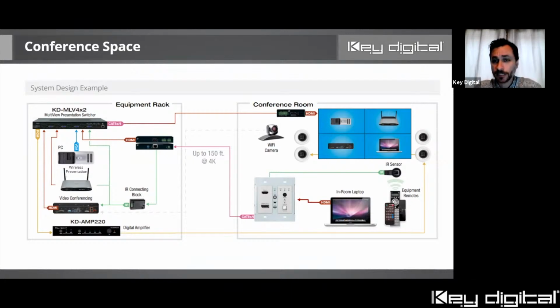So here we see the in-room laptop plugged in through one of our wall plate transmitter extenders into the multi-viewer, rack PC or dedicated PC, our wireless presentation system, video conferencing unit, and our Class D amplifier, amp 220 for the room as well, where that audio de-embed feeds into that, right?